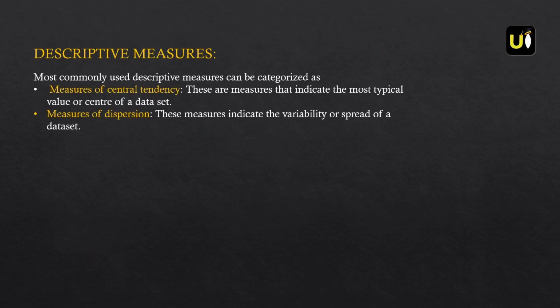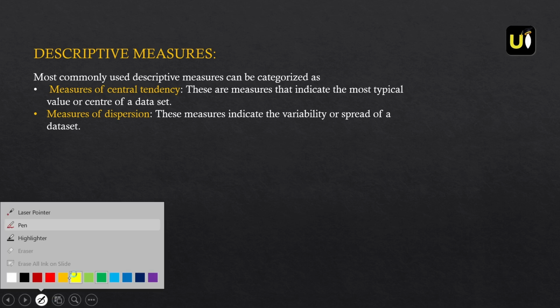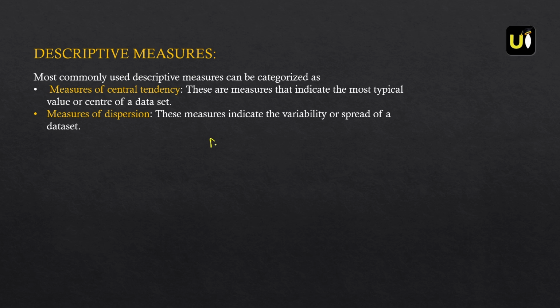All right, so now we have descriptive measures. We have most commonly used descriptive measures, and they are of two types: measure of central tendency and measure of dispersion.